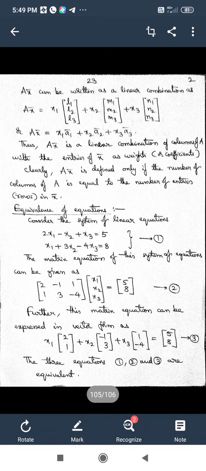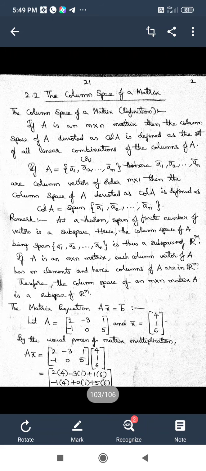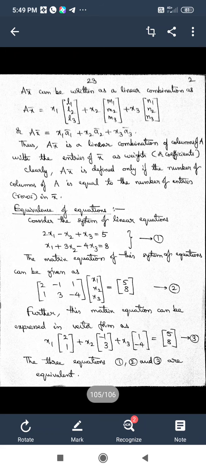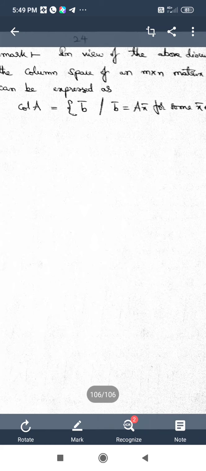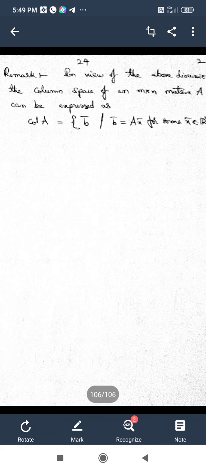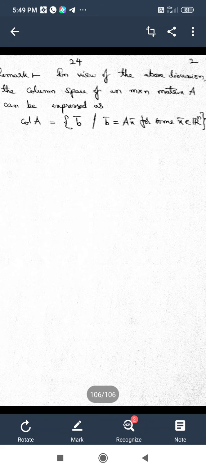Now with the explanation we have gone through under the subheadings, the matrix equation Ax bar equals B bar, and the equivalence of equations, using these two subheadings we can come to a conclusion related to our topic, the column space of A. So here at this juncture we can go through a remark like this.